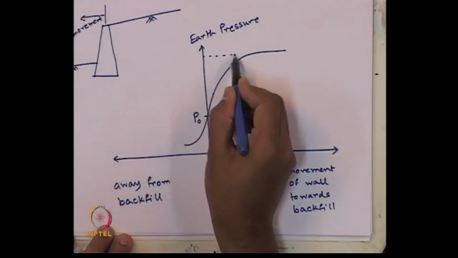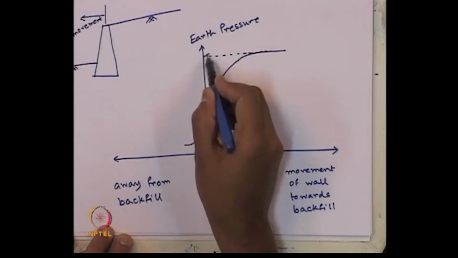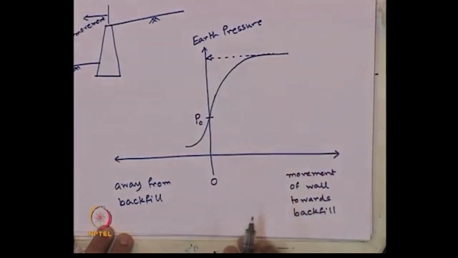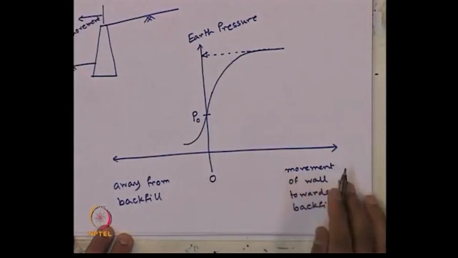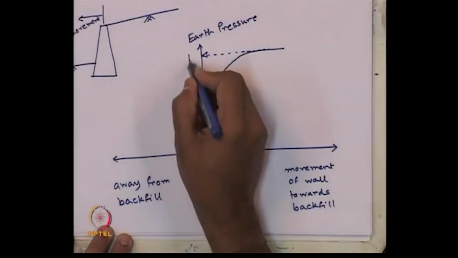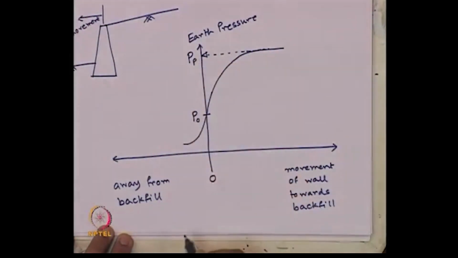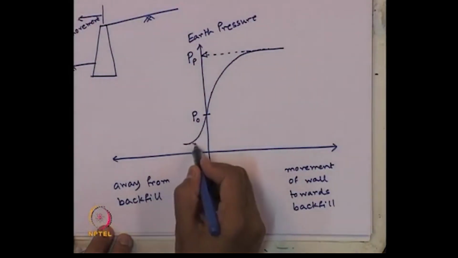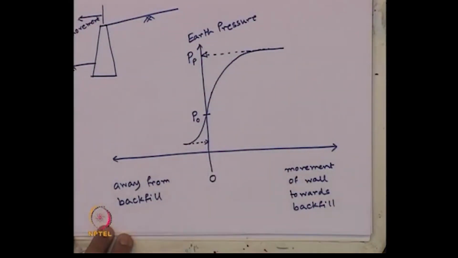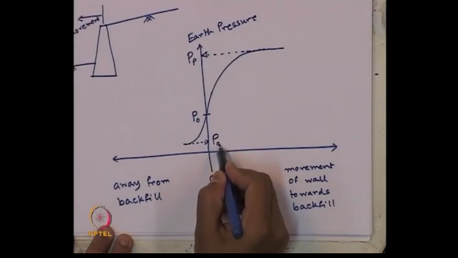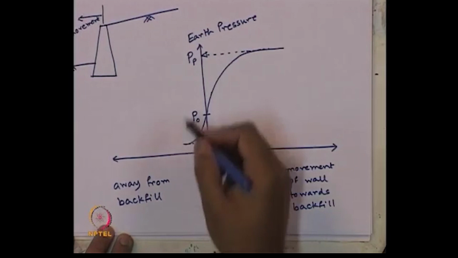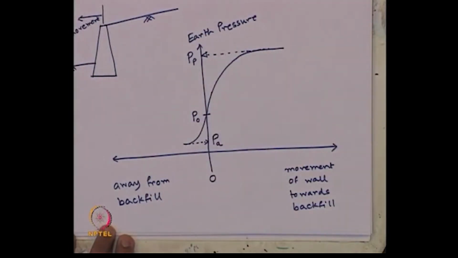This magnitude of earth pressure, after reaching the steady state, when the movement is towards backfill, we call passive earth pressure, and this magnitude of earth pressure when the wall moves away from backfill is called active earth pressure. So, these are the three states of earth pressure we can have for a rigid retaining wall.